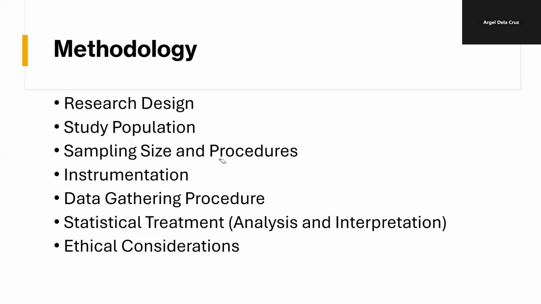For example, the predictor variable would be tourism marketing expenses. The predictor variable leads to tourist arrival. So meaning to say, the more the government spends on tourism marketing expenses or expenditure, the more tourist arrivals it creates.